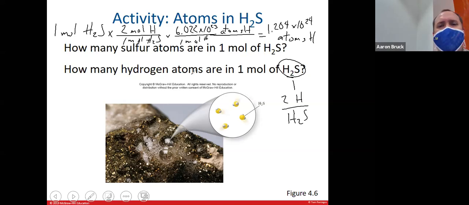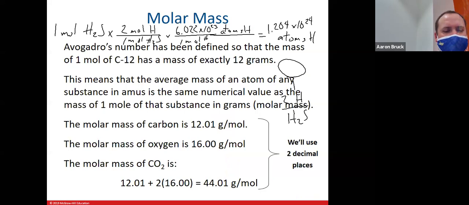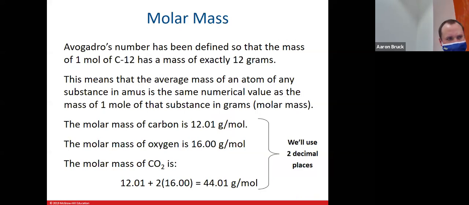So using those subscripts to tell us how many atoms of a given element there are per molecule. Now, the other half of this particular dimension is that of mass. As I mentioned before, mass represents the macroscopic world. Mass represents what we can do from the standpoint of things that we can measure in the lab.